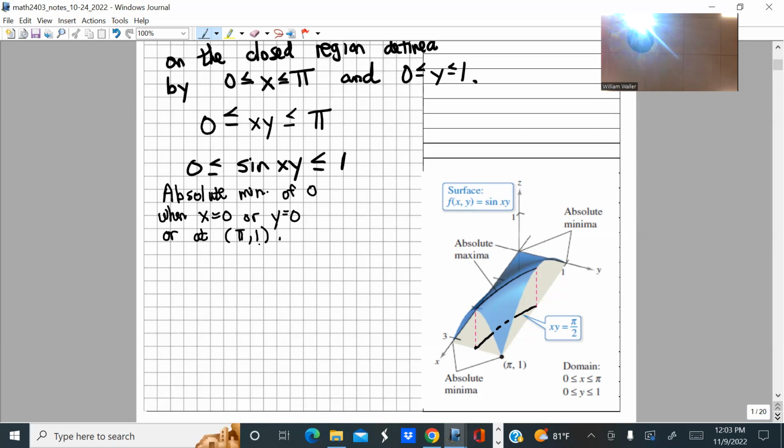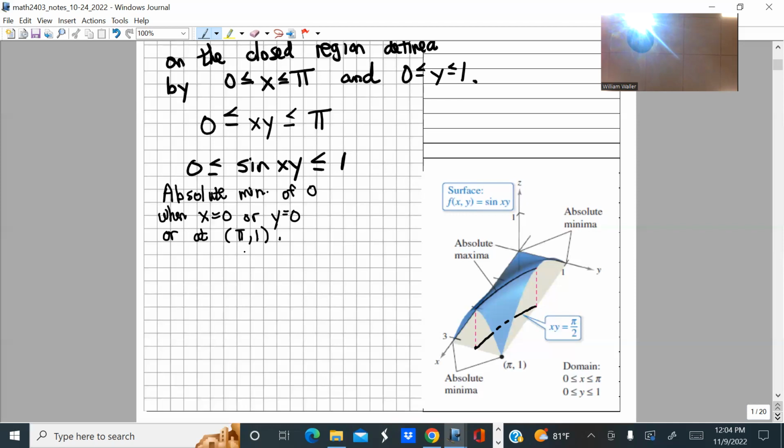If you look at a picture of the graph, fortunately, there's one staring you in the face. All of this is kind of confirmed. Here's the graph of this function, sine of xy. Remember, we're only graphing it over this region, 0 to 1 on the y-axis and 0 to pi on the x-axis.